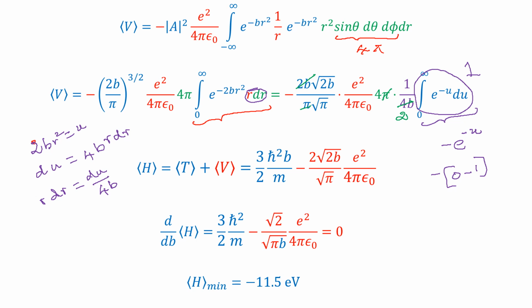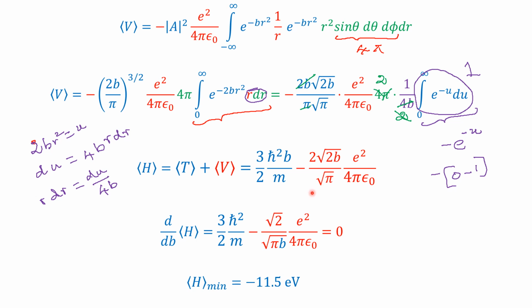So this can be written as 2. Now what are the terms in the numerator? You got 2 square root of 2p times e squared, of course e squared divided by 4 pi epsilon naught. And here pi will get eliminated, so you will get simply square root of pi alone.